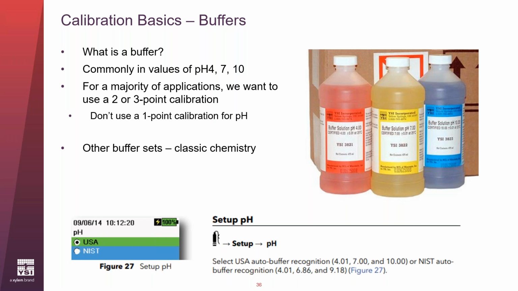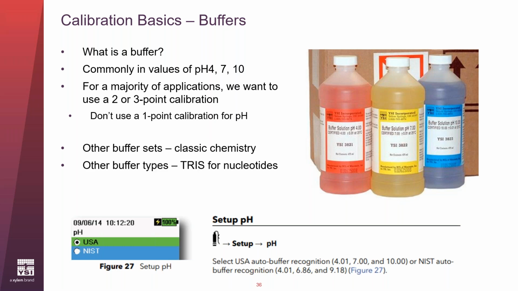For example, 6.86 buffer is made of 0.025 molar potassium dihydrogen phosphate and 0.025 molar disodium hydrogen phosphate. So those values would be pretty easy to measure out for a chemist. And it gives you a strange value for pH, 6.86. But if you see those old values, that's where those come from.